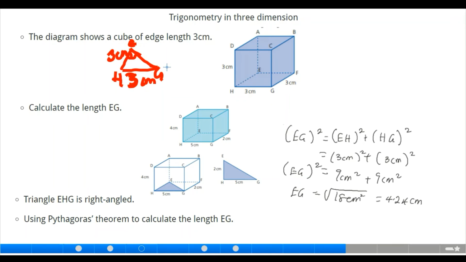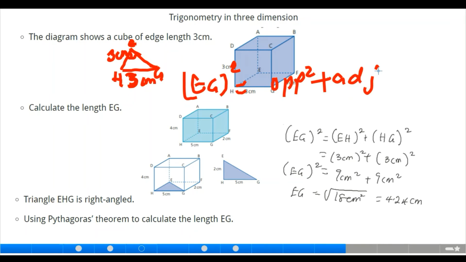So we need to get EG. So we have EG squared, that is hypotenuse squared, equals opposite squared plus adjacent squared. So the opposite here is GH, and the adjacent here is EH, plus EH all squared.